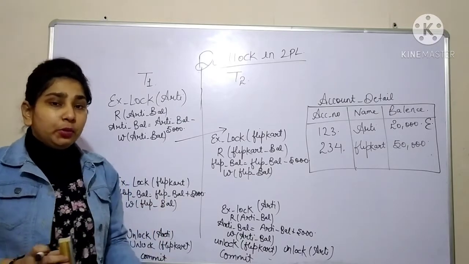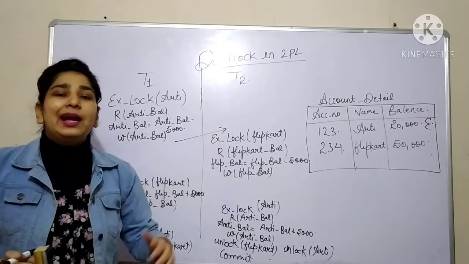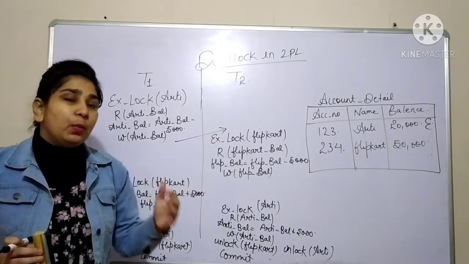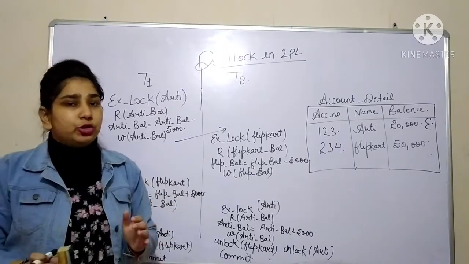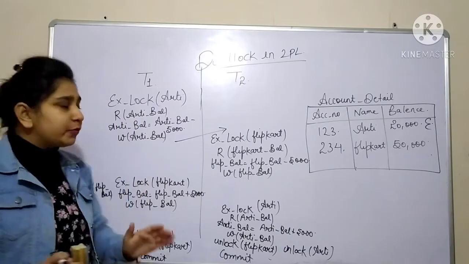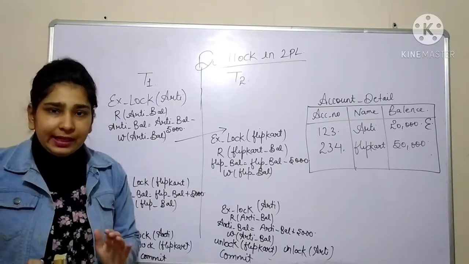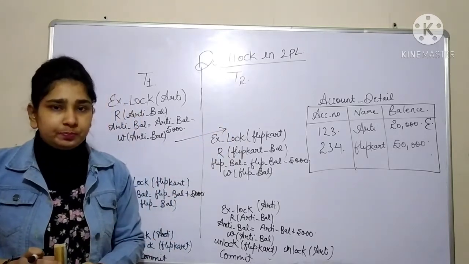On one CPU, we cannot let both these transactions run at the same time. At one particular point of time, only one transaction is going to be executed. So we have executed some of the instructions of transaction T1. Now I am switching to transaction T2.